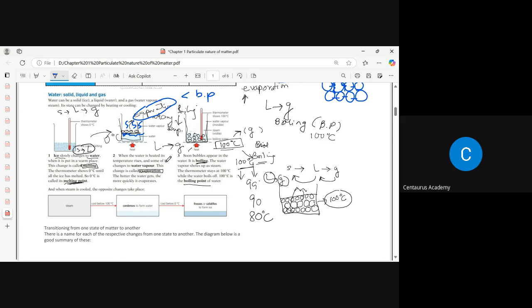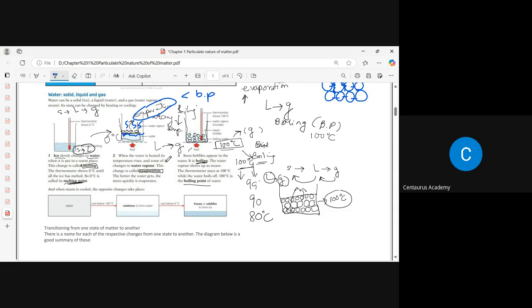As soon as you see that throughout the liquid, all of the water molecules have gained sufficient energy and have all overcome their intermolecular forces of attraction, they will quickly change their state from liquid to gas and will be seen as steam, as gaseous vapors.